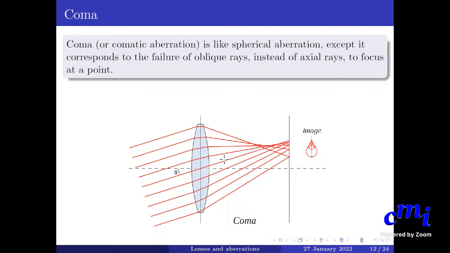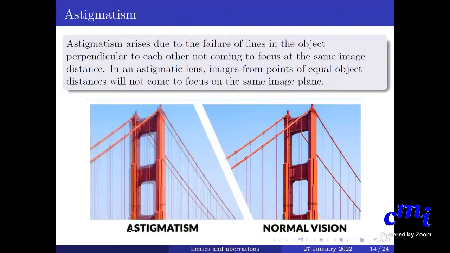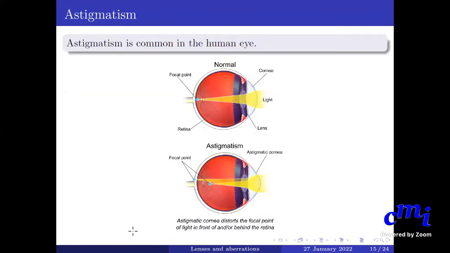Then we talked about coma, where the rays that are not parallel to the optical axis focus at different points. The oblique rays don't focus at the same place where the parallel rays focus. This causes coma. Astigmatism is where the light comes to focus either in front or behind where it is supposed to focus.